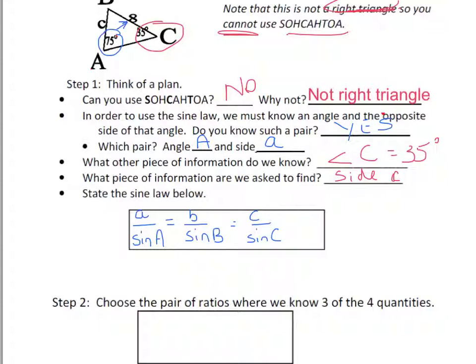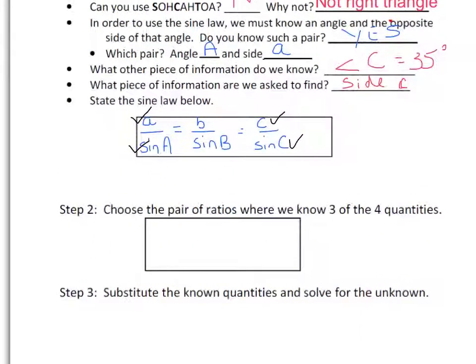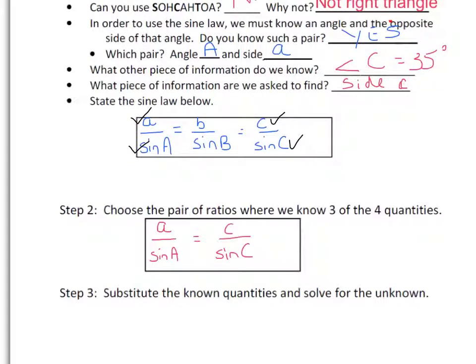So what do we have? We have little a, we have angle A, we're trying to find little c, so we have that, and we have angle C. So our sine law becomes A over sine A equals C over sine C.